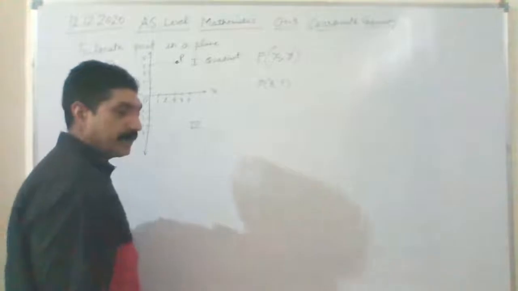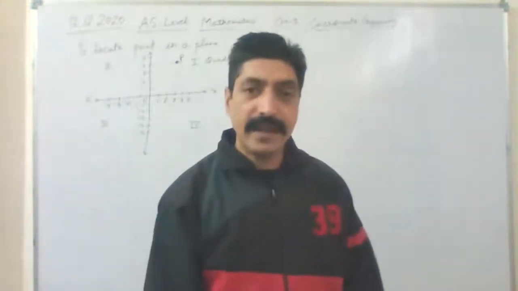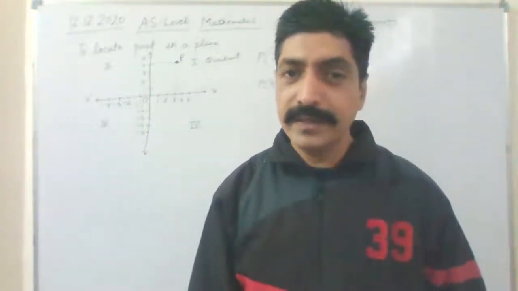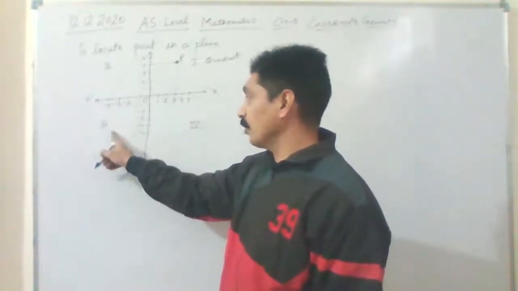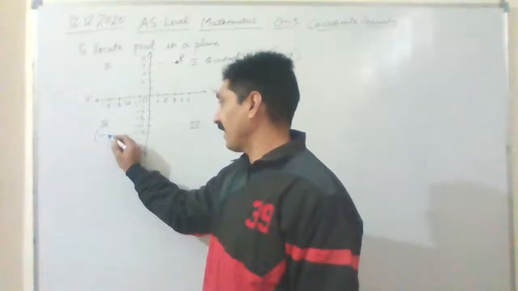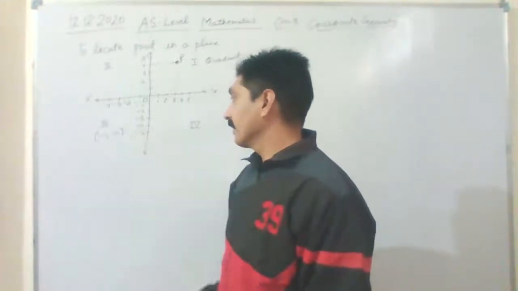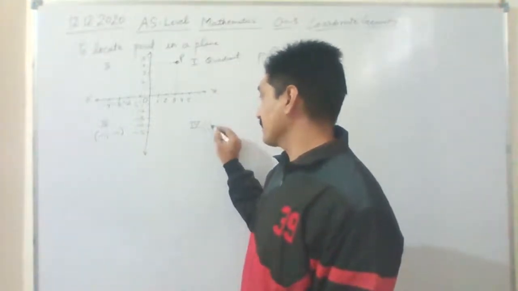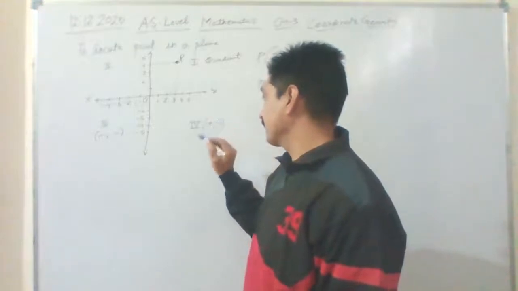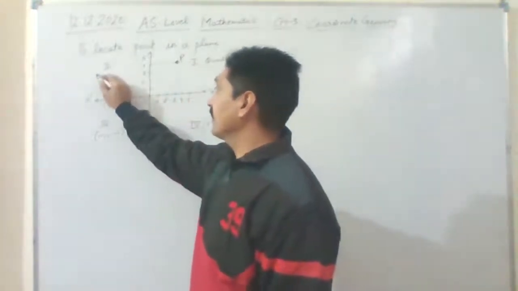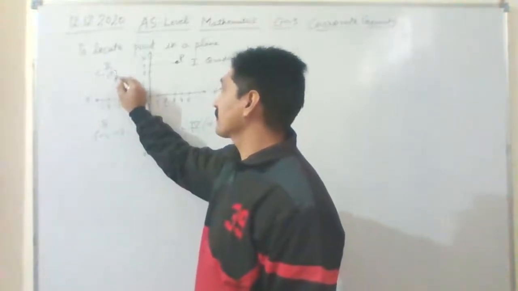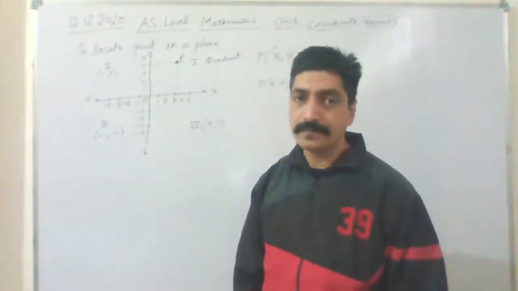So point P can be in any of the quadrants. In the second quadrant, x will be negative and y positive. In the third quadrant, both x and y are always negative, right? In the fourth quadrant, x is positive and y is negative. Here in the first quadrant both are positive, and in the second x is negative and y is positive, right?